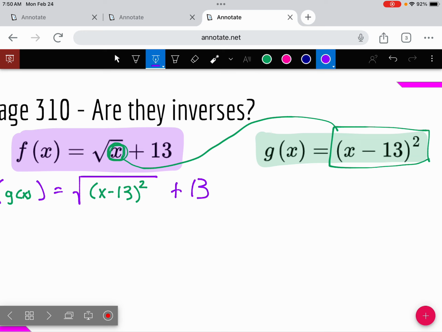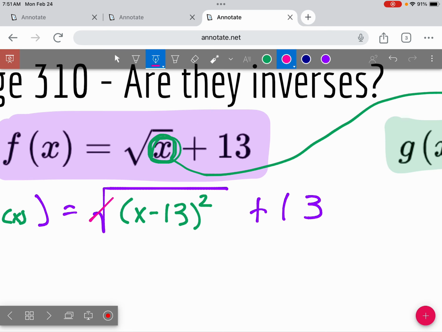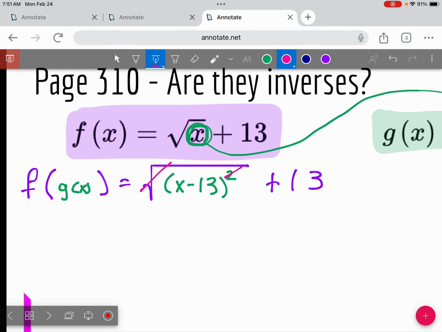So setting it up just like this, there we go. What happens next? Well, the square and the square root cancel each other out.